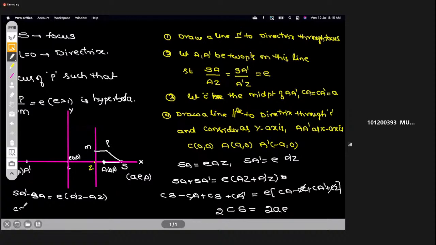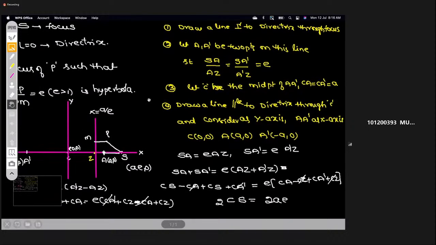This is CS minus CS plus CA prime minus CS minus of minus CA is equal to E times of CZ minus CA plus CZ. So CZ is equal to A by E will come. So this is X is equal to A by E.